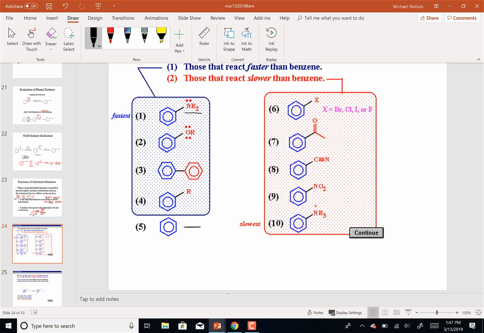Remember a long, long time ago, when we had graduate students in the chemistry department, one of my graduate TAs was adding iodine to the ring by some new fancy green method. She asked, what's the most reactive benzene that I could use? And I said, one with a nitrogen attached to it.